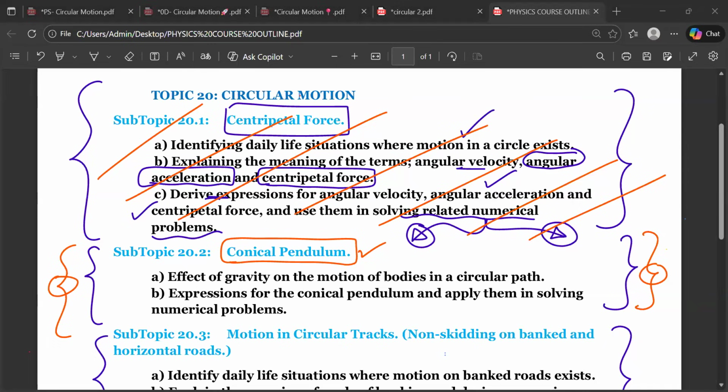Okay. That is it. People want to take screenshots. I don't know where you last took.